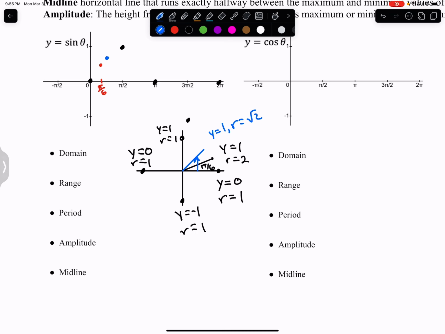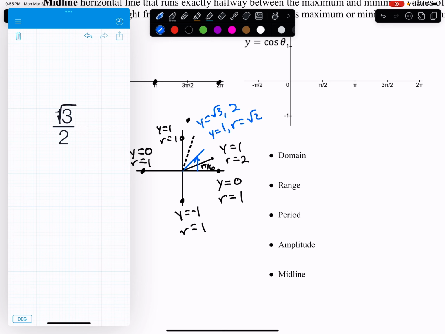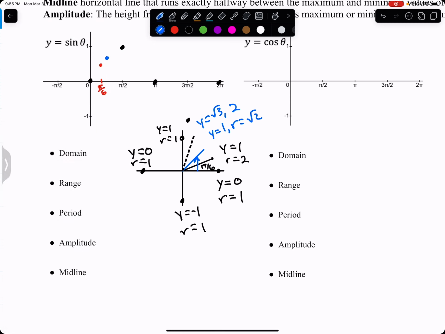Maybe right there. Then if we go up here to pi over 3, which is 60 degrees, we're going to find that y is square root of 3 and r is 2. Square root of 3 over 2, that is about 0.87.